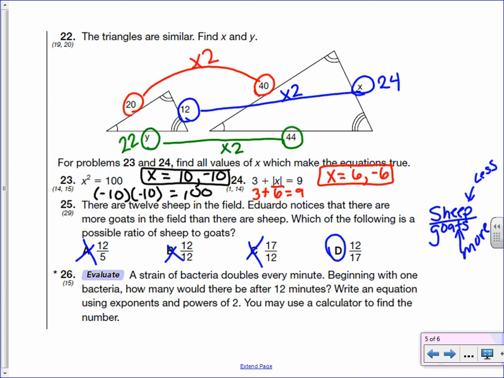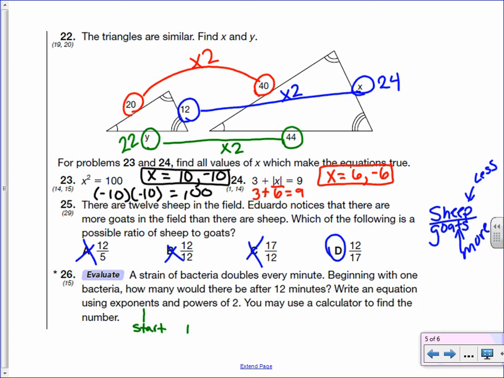A strain of bacteria doubles every minute. Beginning with 1 bacteria, how many would there be after 12 minutes? So we have 1 bacteria to start with. So this is start.